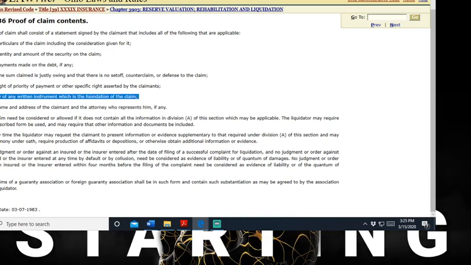This is very important. And the name and address of the claimant and the attorney who represents him, if any.